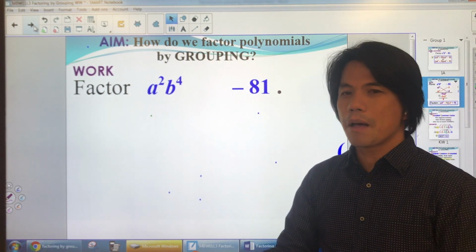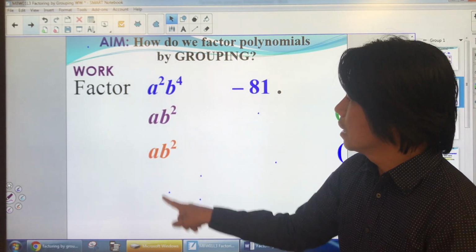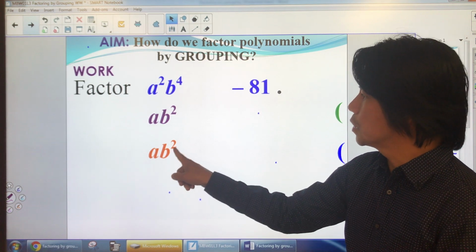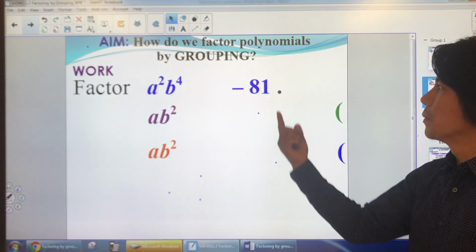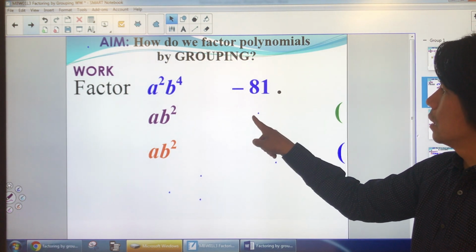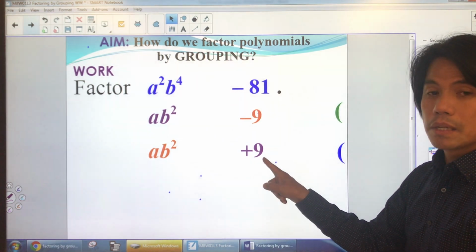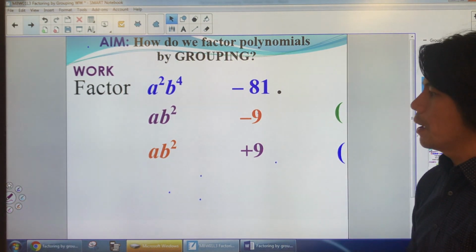So what's the first step? Factor the leading term. And those are ab squared times ab squared. Now second step, factor the last term. Negative 81, which the factors are negative 9 times positive 9, or you can switch them around.